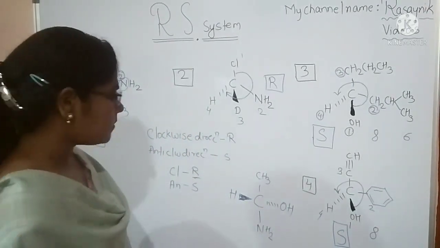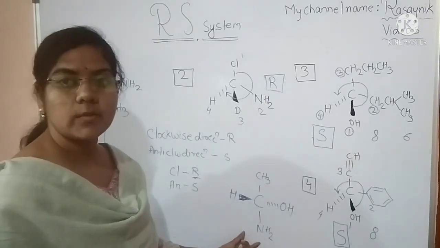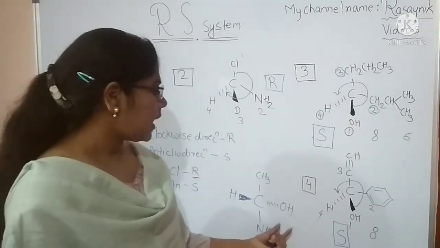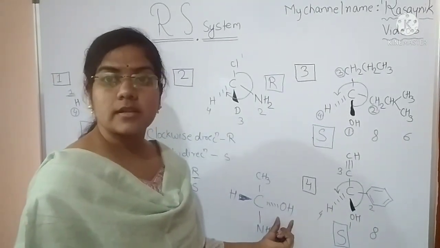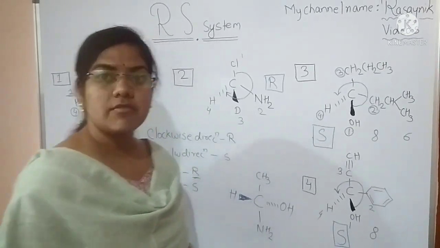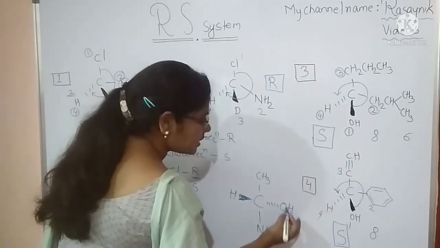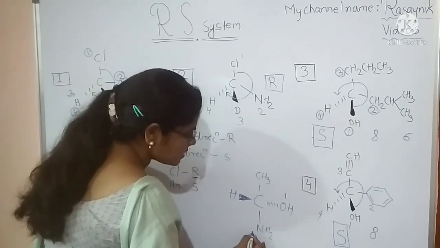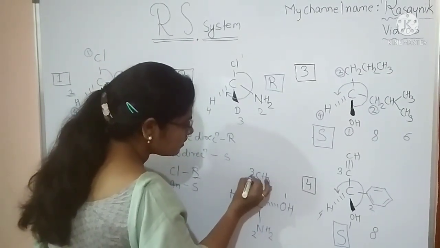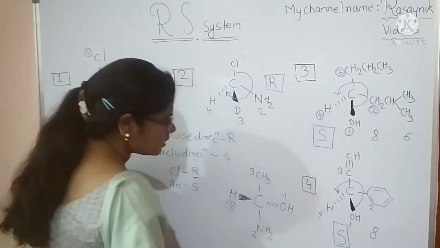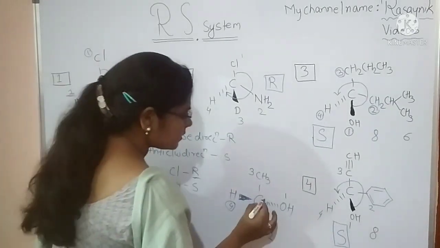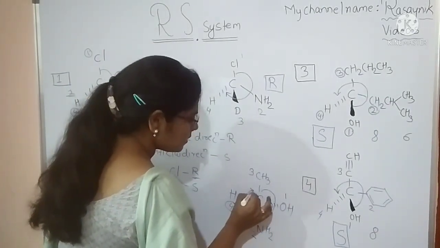Then how will it come? The atomic number of nitrogen is 7 and the atomic number of oxygen is 8. Then which priority is given to which atom? Oxygen atom first, this is second, this is third, and this is fourth. Then how will it rotate? Like this.